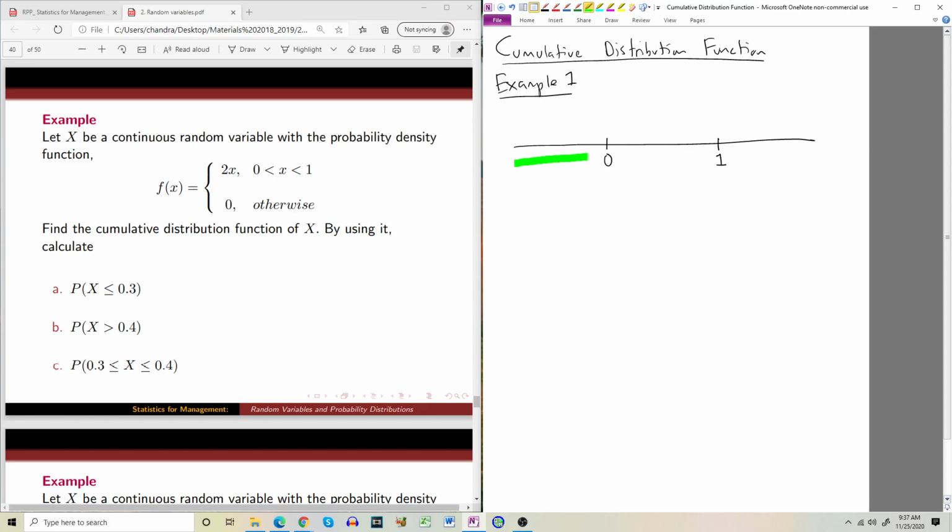For the first one you find this, for the second one you plus this, third one you plus this, am I right? That is discrete, you just plus. For continuous it is a little bit different. We go by interval.